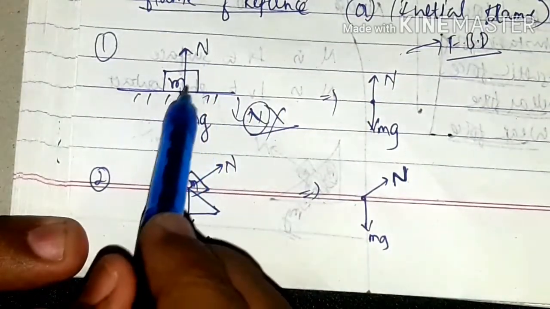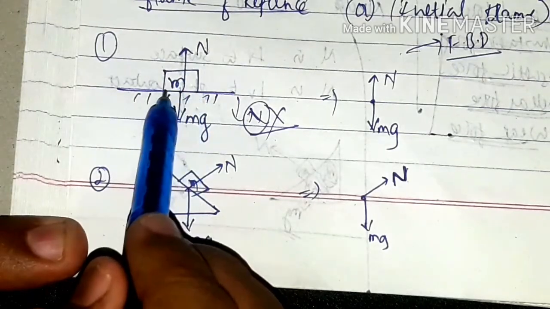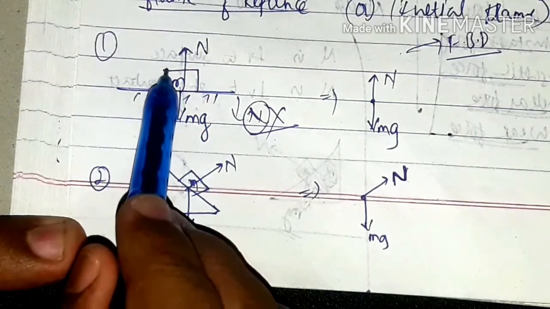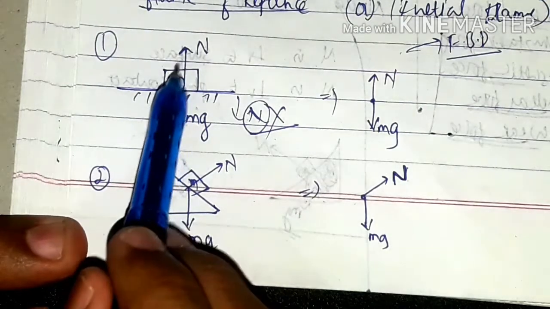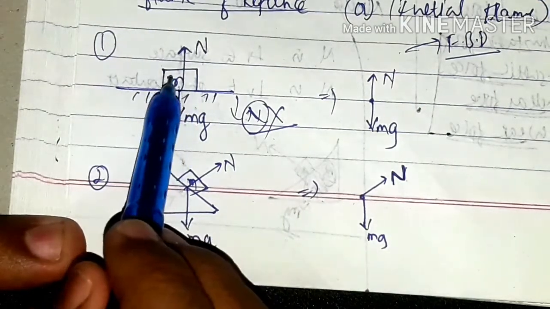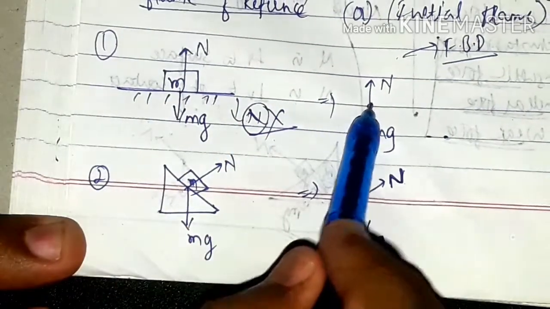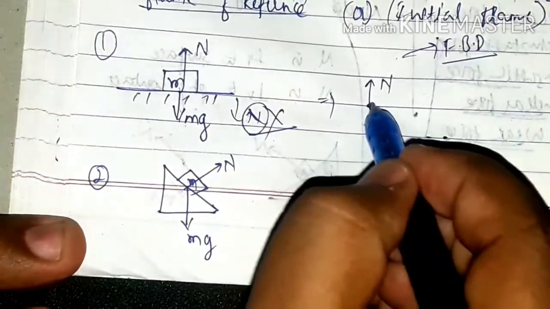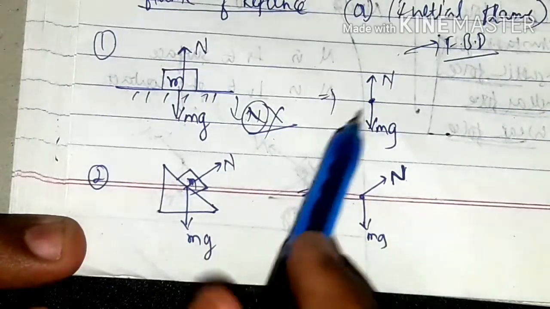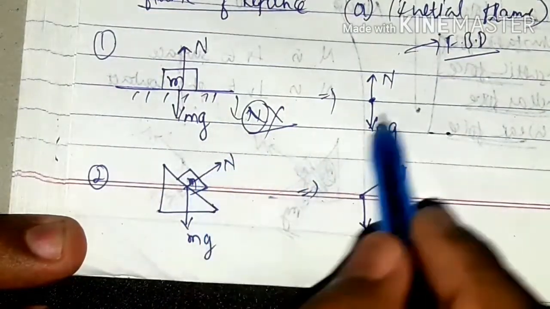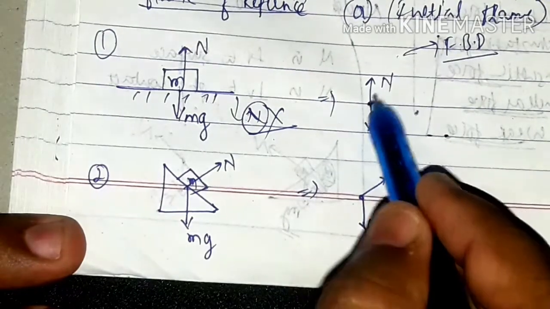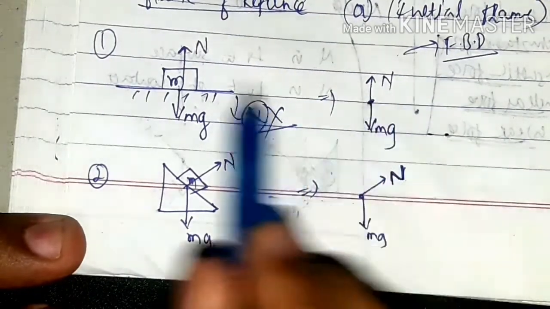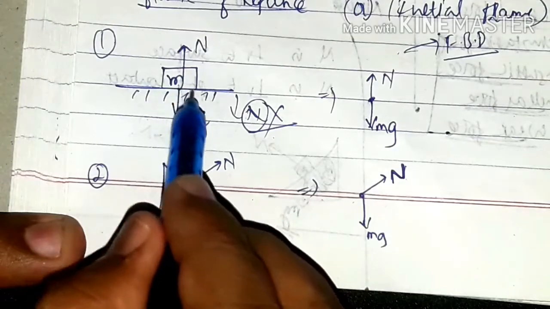See, this bigger body: instead of drawing this entire big body under consideration, we should take it as a point object. That I have done here. This is the point object. You can see it, right? Then, onto this object, we have to count all the forces acting on it.